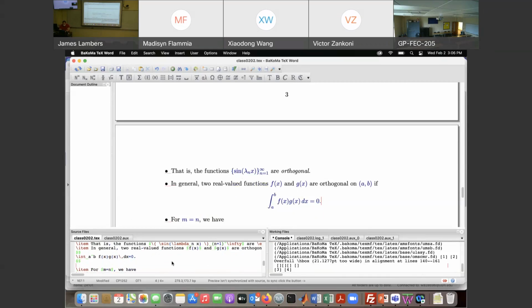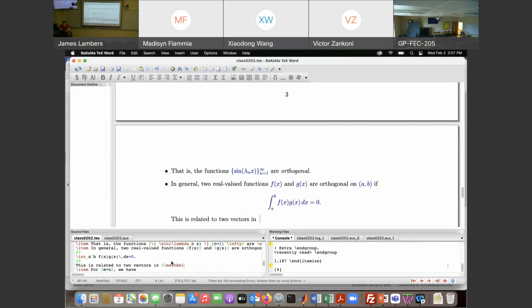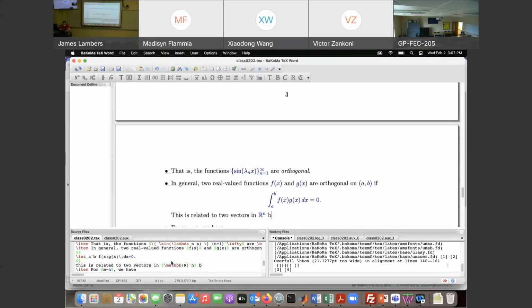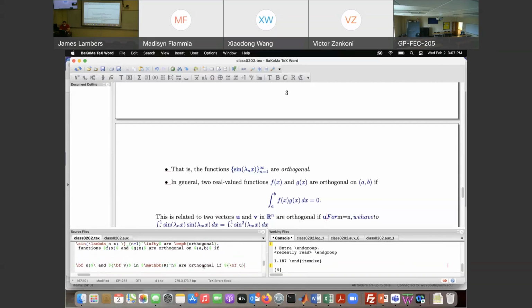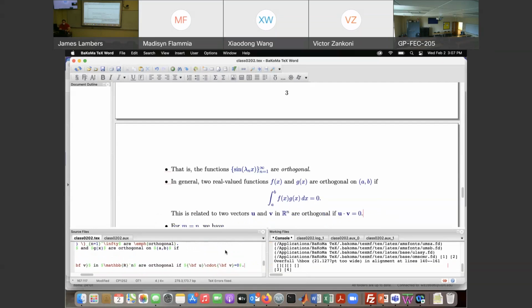And I should have mentioned this once before, but I'll repeat it. Suppose you have two vectors in Rn, and I need to give these names, u and v. They are orthogonal if their dot product equals 0.